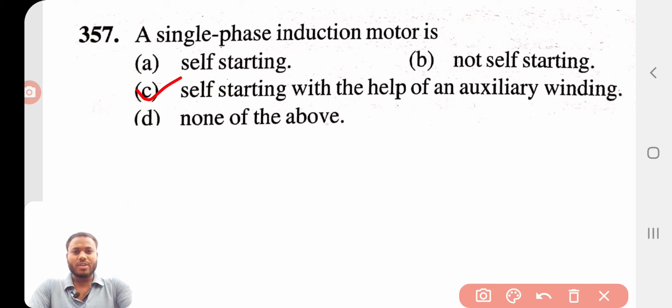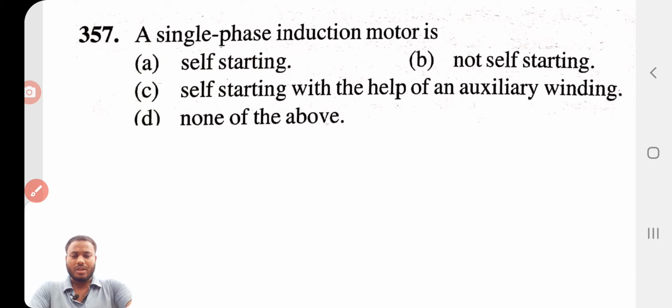Also, I want to include here that the single phase induction motor is not self-starting, because it acts as a repulsion flux. That is why it is always not self-starting, and it also creates some vibration, and to operate this we always use an auxiliary winding.